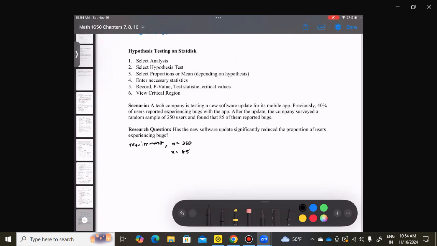Well, we're basing this on the 40%, so p equals 40% or 0.4. And so we can look at p hat then. It's 85 over 250, and that's 34%, which is lower than 0.4, but is it low enough? That's the question.